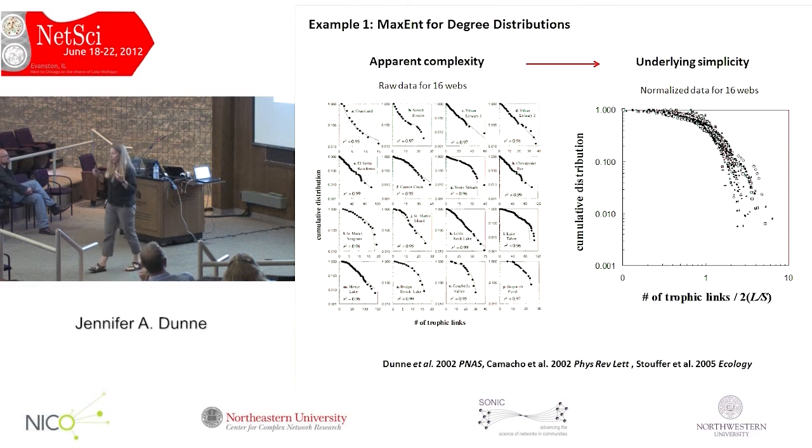The first is this issue of degree distributions. As Luis talked about, in food webs, we tend to see an exponential type distribution.